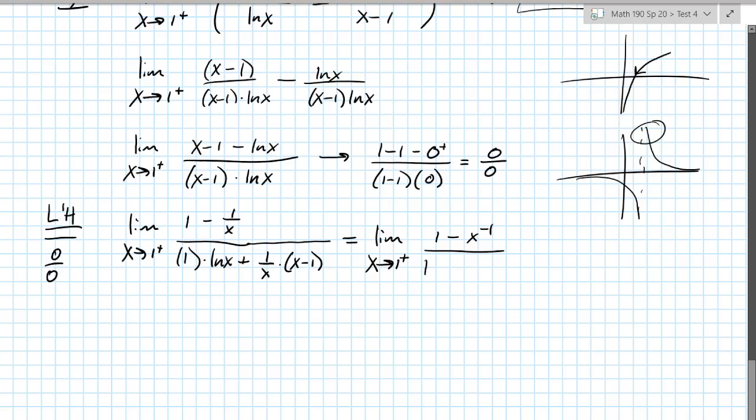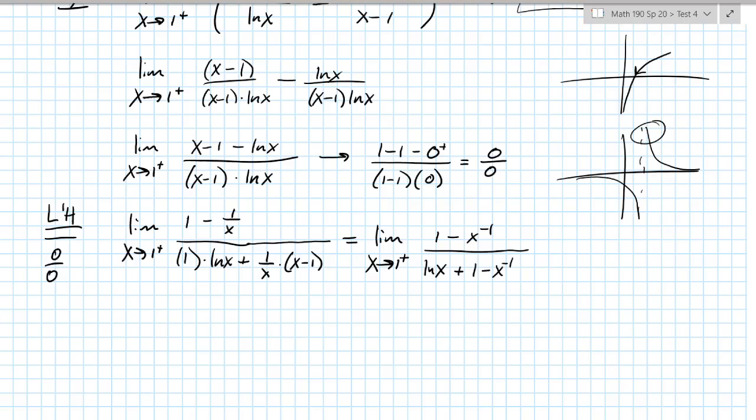On the bottom, we have ln of x, and then I think we will distribute the 1 over x.